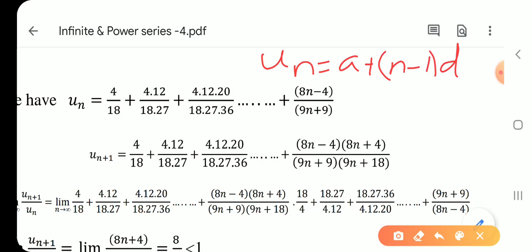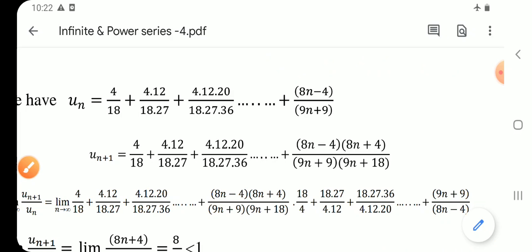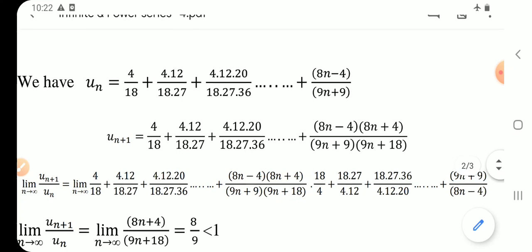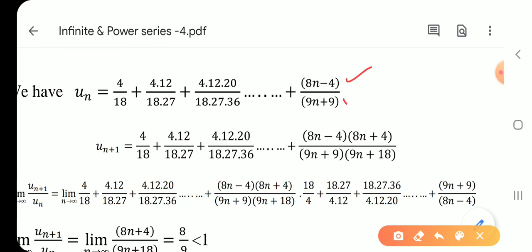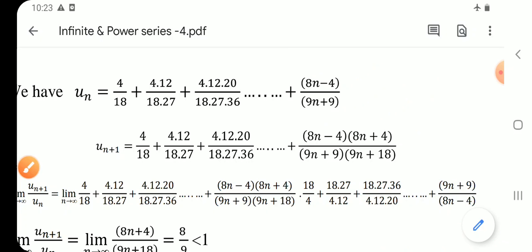If you apply, you will get un is equal to 8n minus 4 divided by 9n plus 9. un plus 1 means in the place of n if I put n plus 1, it would be 8 into n plus 1 minus 4. So 8n plus 8 minus 4, it becomes 8n plus 4. Similarly in the denominator, in the place of n if you put n plus 1, you get 9n plus 18.